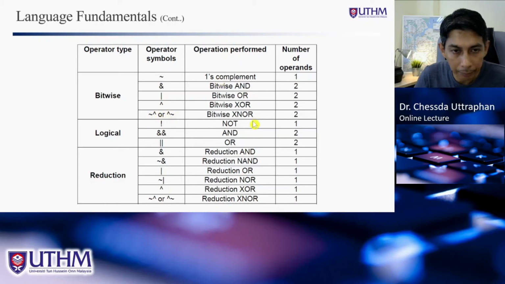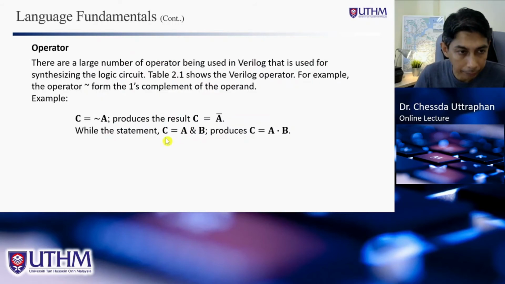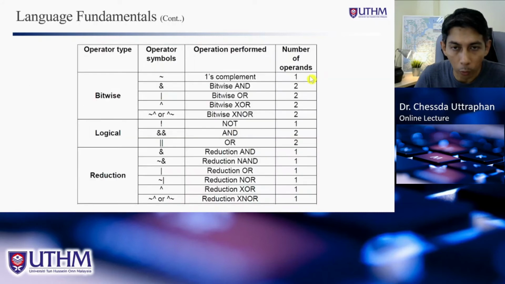And you can see that this column is the number of operands. What is meant by number of operands? Operand is this, for example, this one. This is called an operand. This is called an operand. So we will see that if the operation is NOT like this, it means that the operand is only one, A. That's why we have 1 here.